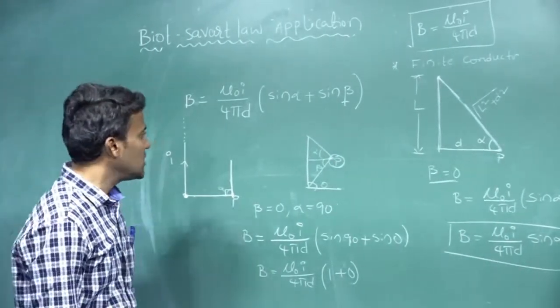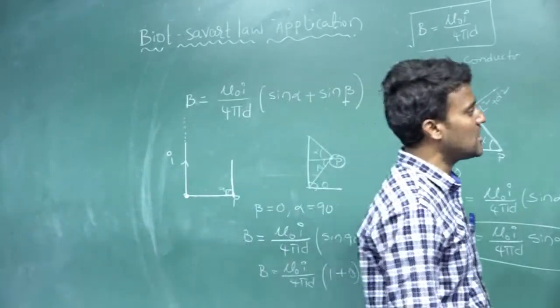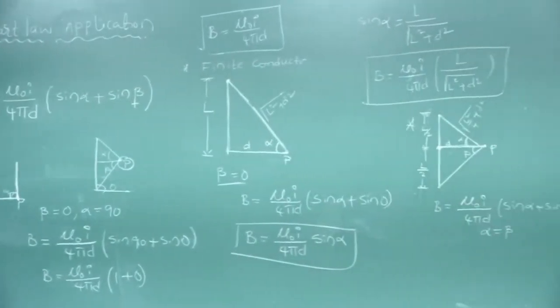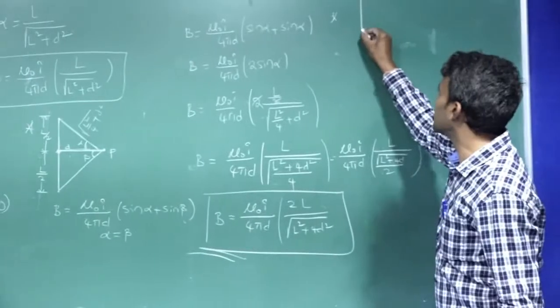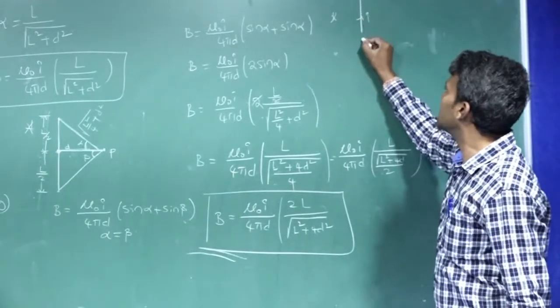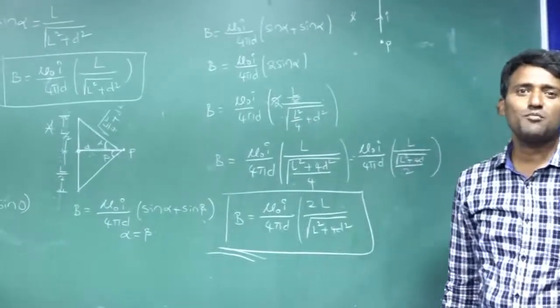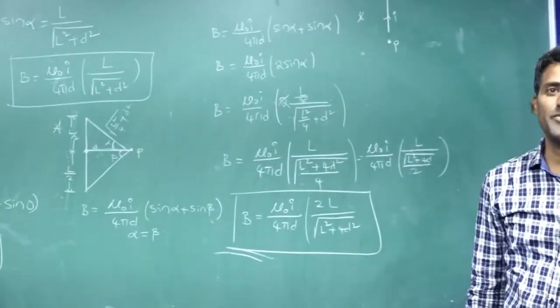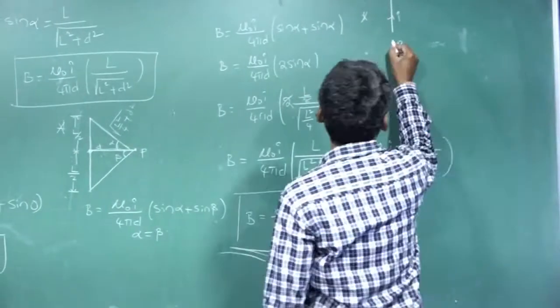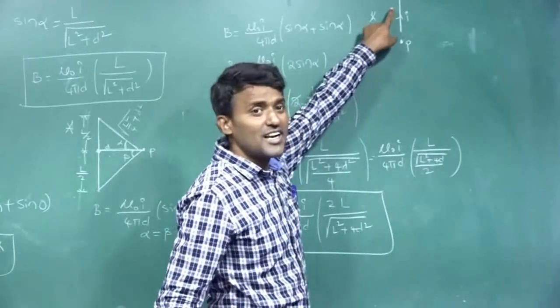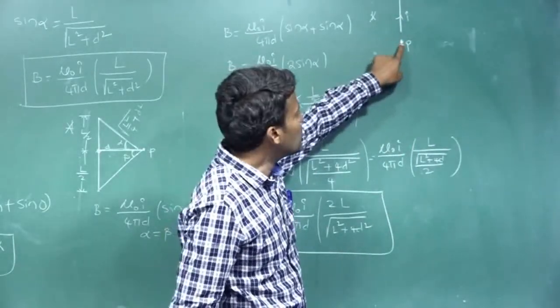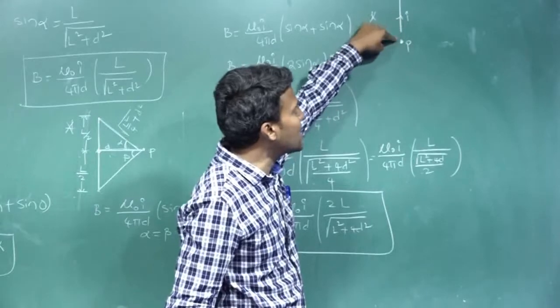And one more, I want to ask one question, children. This is the current carrying conductor with current I. The point P is here. What is the magnetic field at the point P due to the current carrying conductor? The point P is taken parallel to this one.